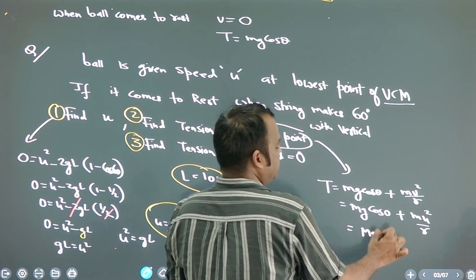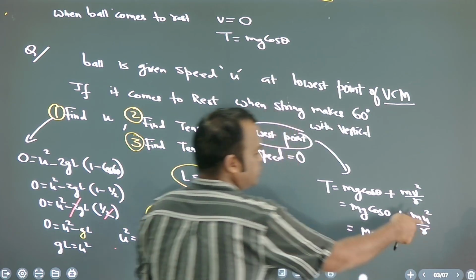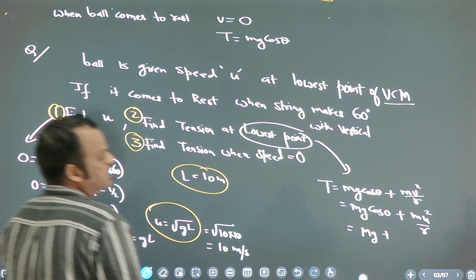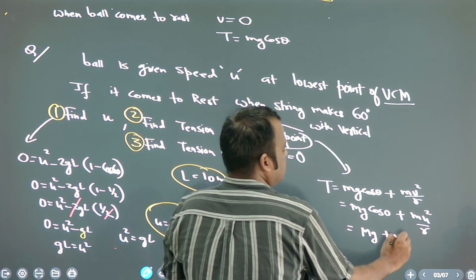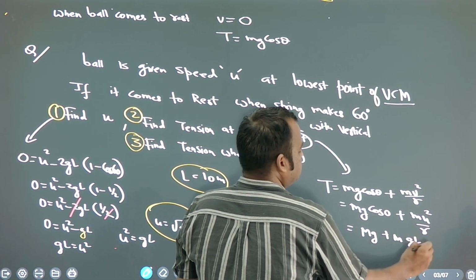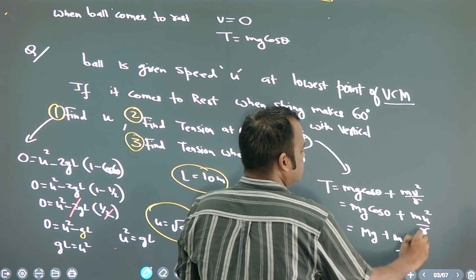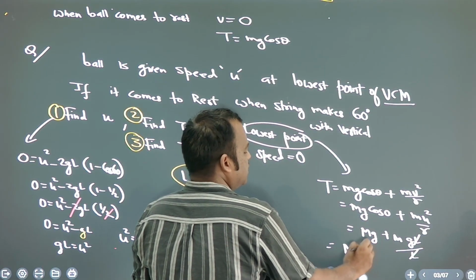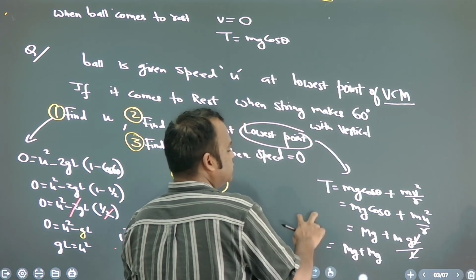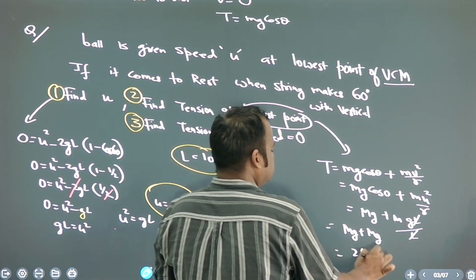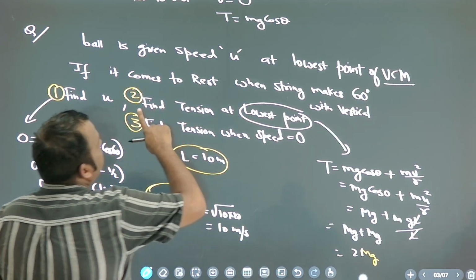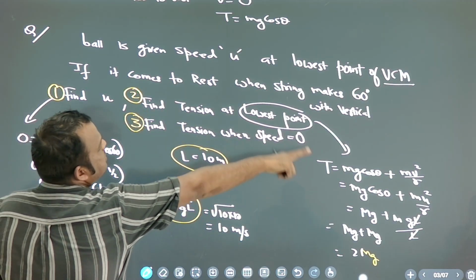So mg, and u is square root of gl, so m gl by l. The l's cancel. Mg plus mg. So this is the tension, 2mg. So find tension at the lowest point.